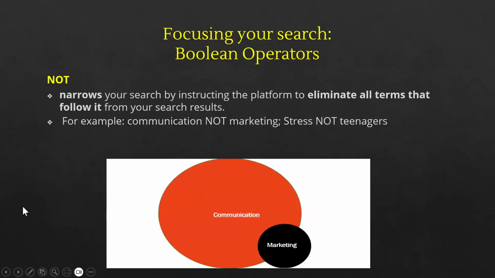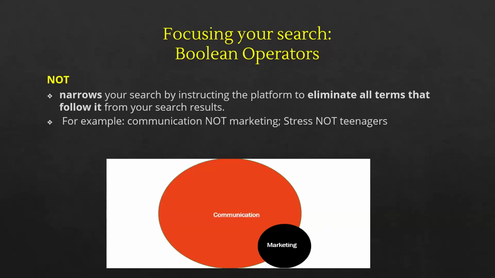And then "not" narrows your search by telling the database or platform to eliminate or remove all terms that follow it from your search results. So here in the example, we want the database to pull out information about communication, but not related to marketing.